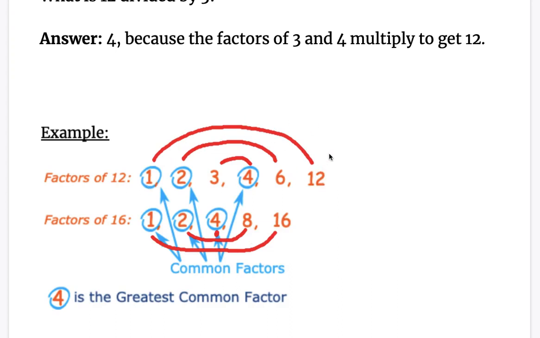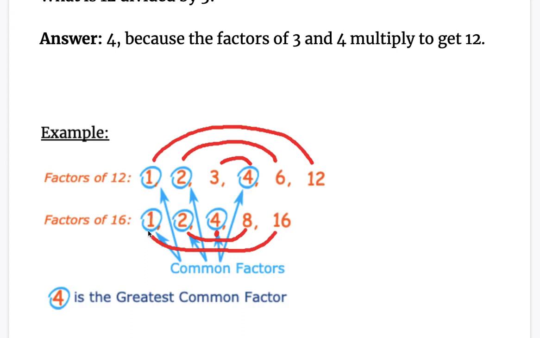And I always connect those two numbers because they're a pair. 1 times 12 gets you to 12. Then we can work our way inside. 2 times 6 gets us 12 as well, and 3 times 4 gives us 12. And if there's nothing else in between, we know that we're done. There's nothing larger that can be multiplied by a whole number to get to 12, and there's nothing smaller that can be multiplied to get to 12.